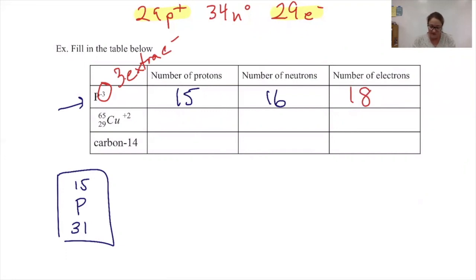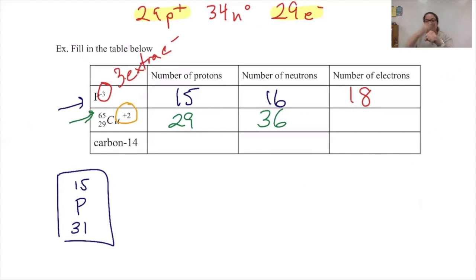Okay, let's take a look at the next one. Copper has 29 protons. That's its atomic number. This isotope of copper is 65. So 65 minus 29 gives me 36 neutrons. Next, I want to look for the number of electrons. This isotope, and in this ion form, has 2 more positives than it does negatives.